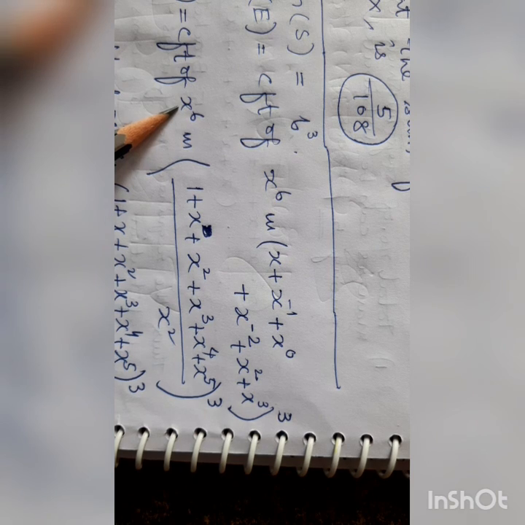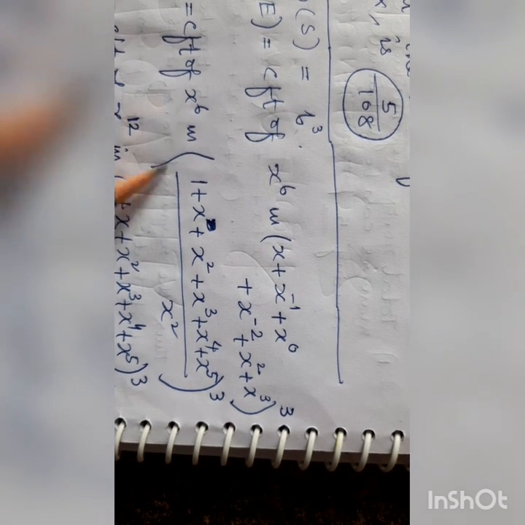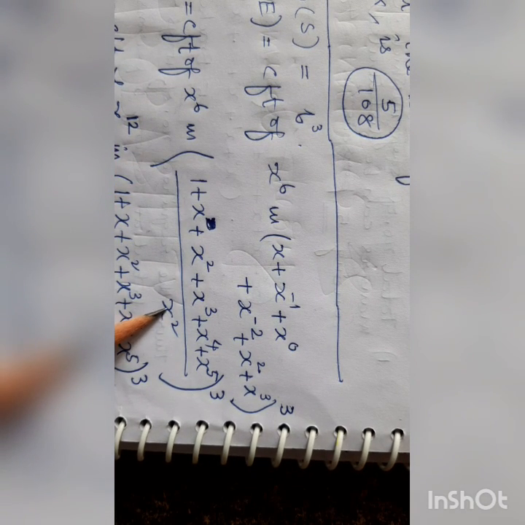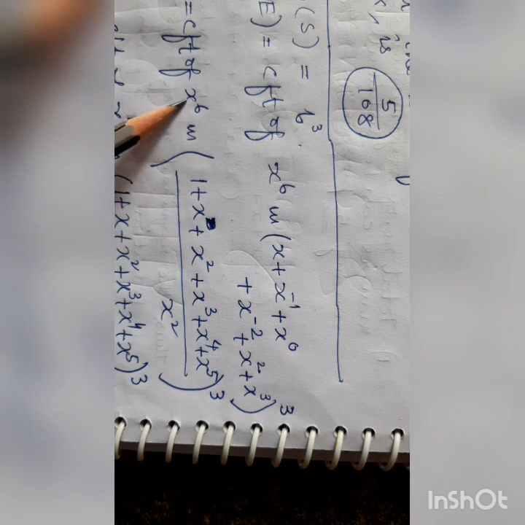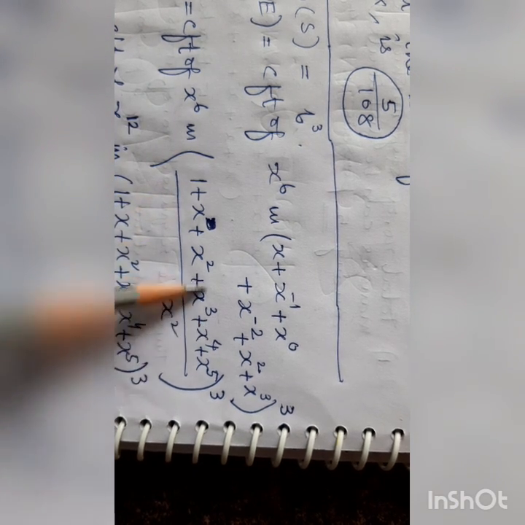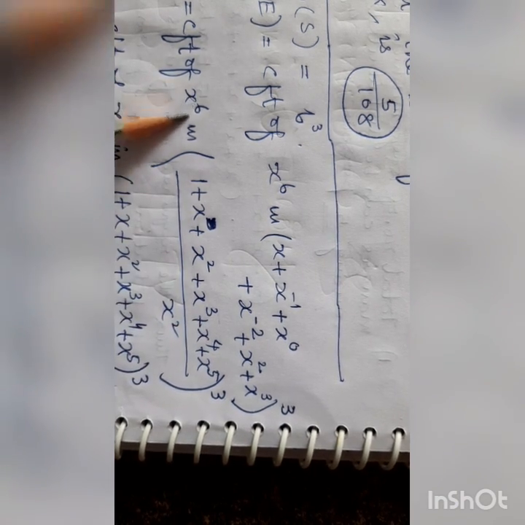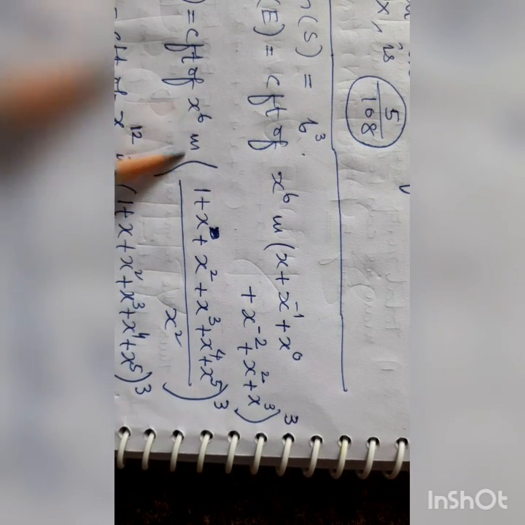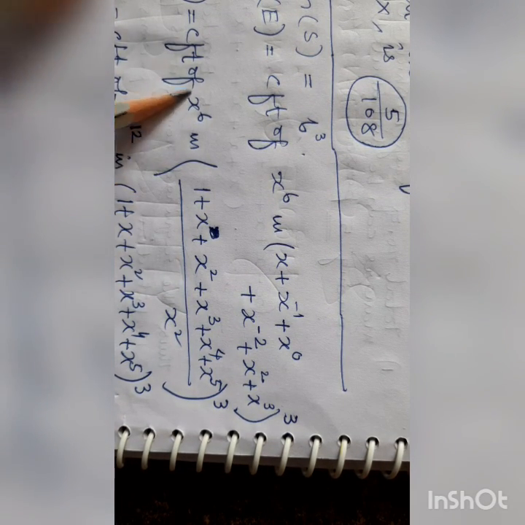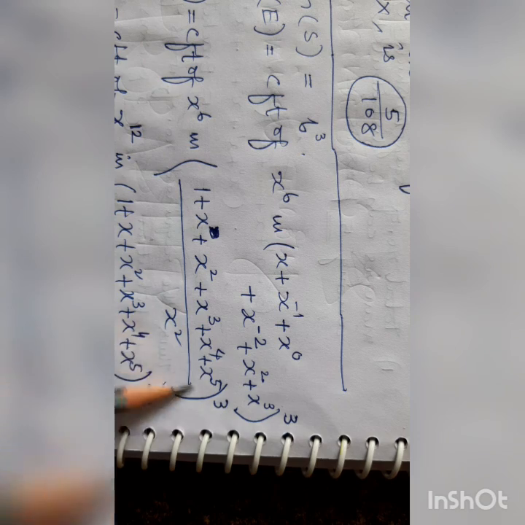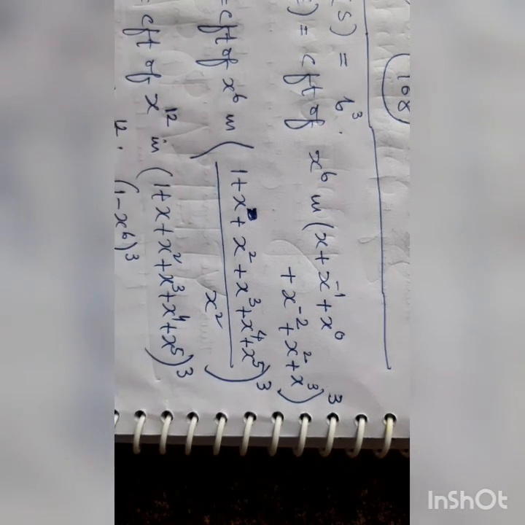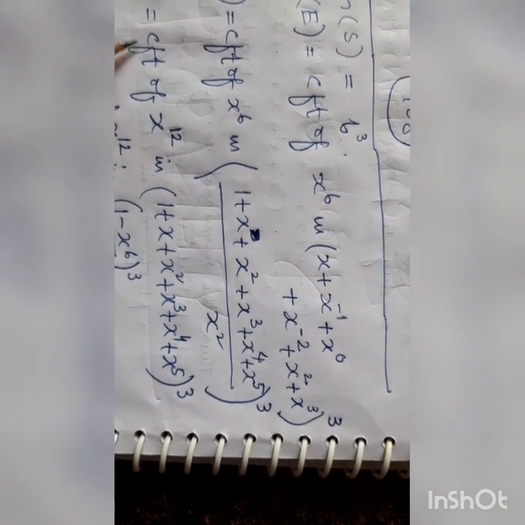So x power 12 coefficient you have to find. Because once I told, downwards if you take you have to add, upwards if you take you have to subtract. Before this question you subtracted, now you have added. So x power 6 plus 6, x power 12 coefficient you have to find.